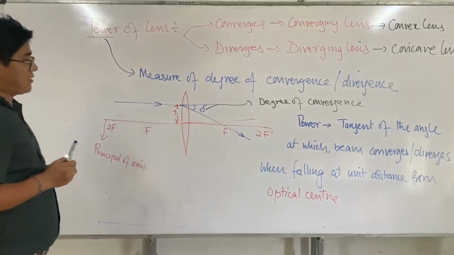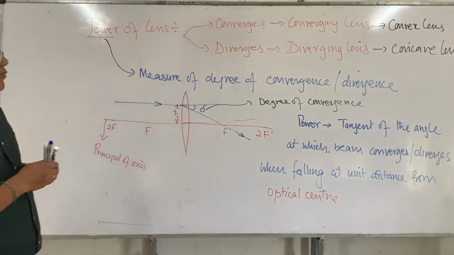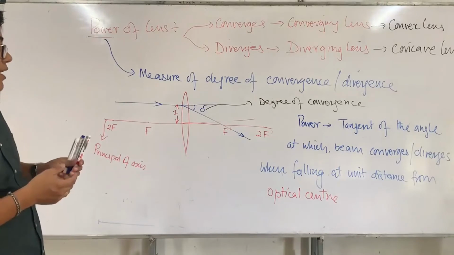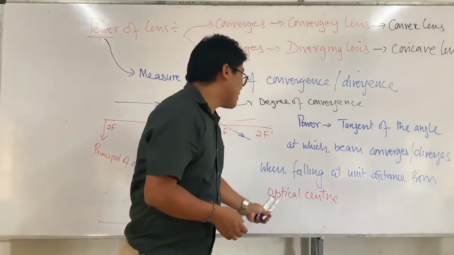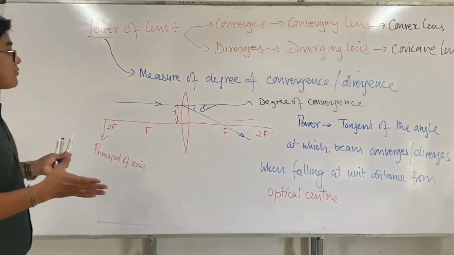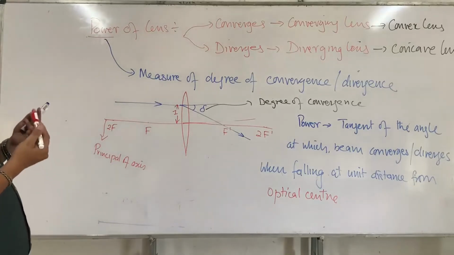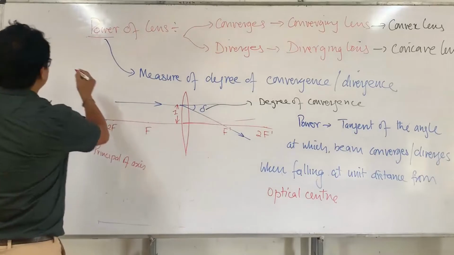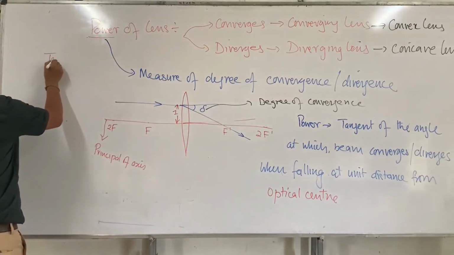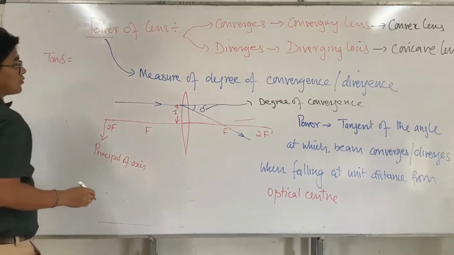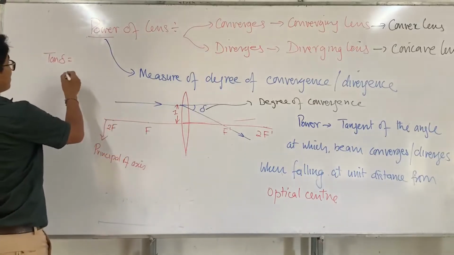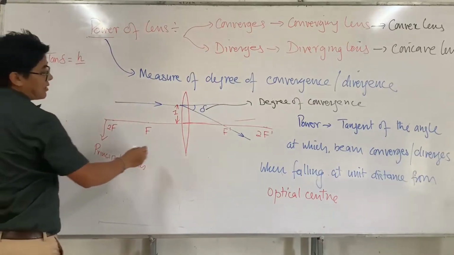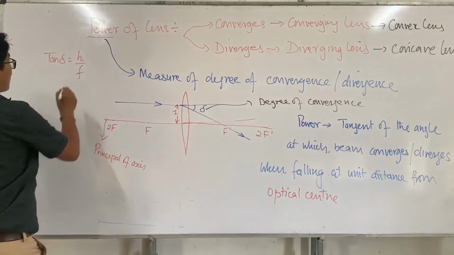This distance is 1. Alright, so the tangent of the angle at which the beam converges or diverges when falling at a unit distance from the optical center, this is what we define as the power of a lens. Having this definition, I just write here, tan delta is height divided by focal length.